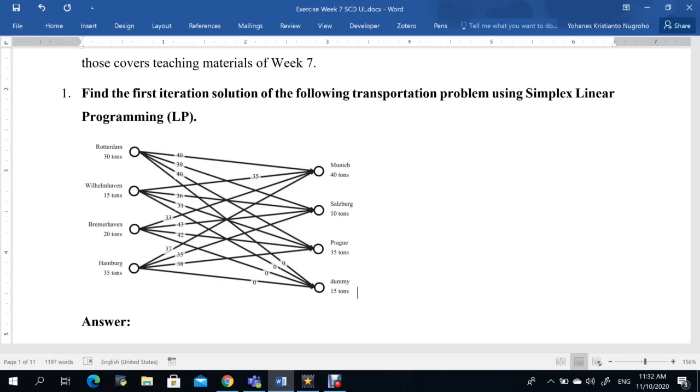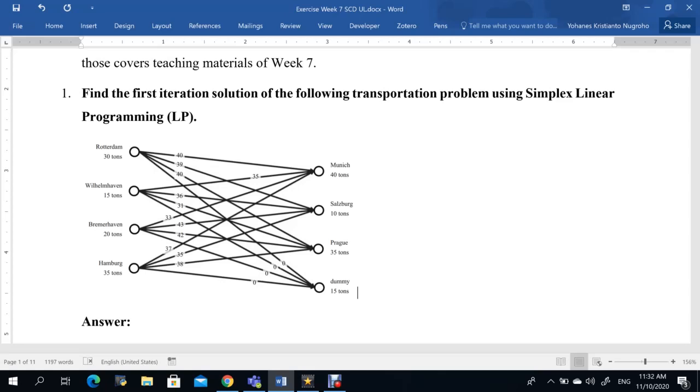For instance, in Rotterdam, the capacity is 30 tons, Wilhelmshaven 15 tons, Bremerhaven 20 tons, and Hamburg 35 tons. And each destination has a particular amount of demand.